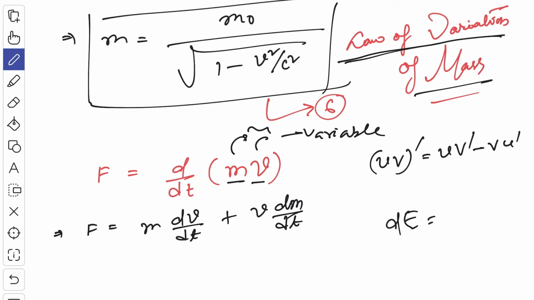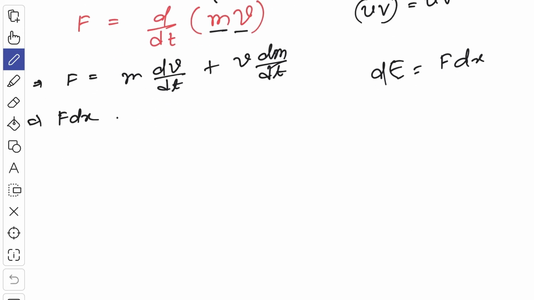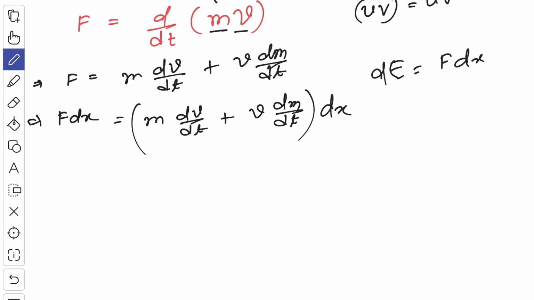So we know energy is given by force into displacement, so F into dx. So F dx is equal to m dv by dt plus v dm by dt, times dx.